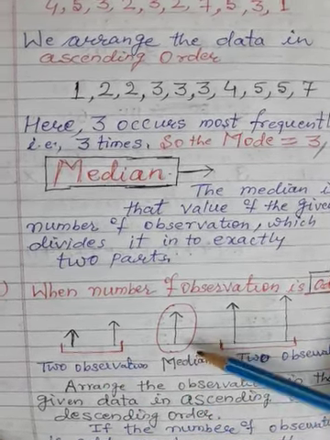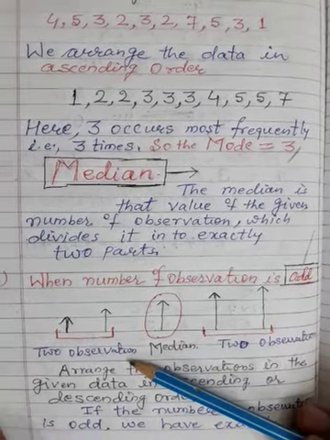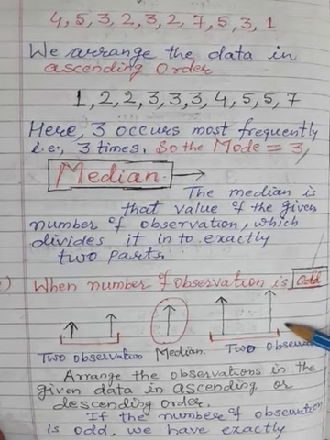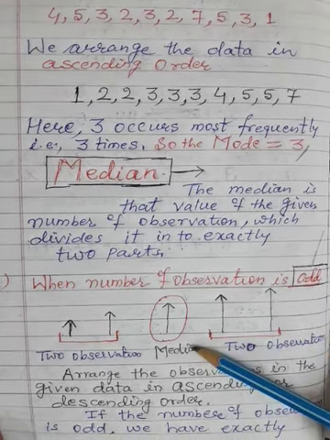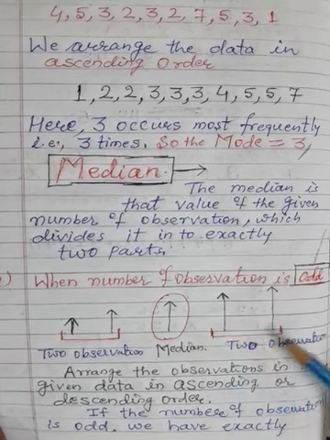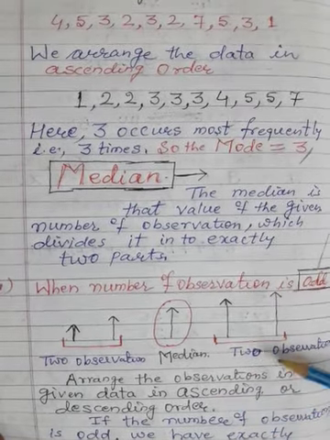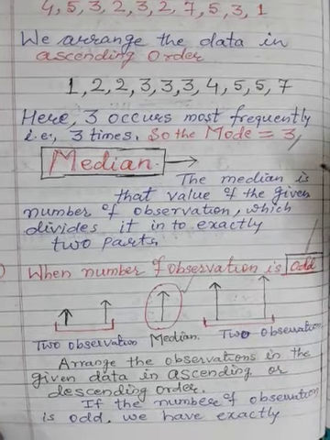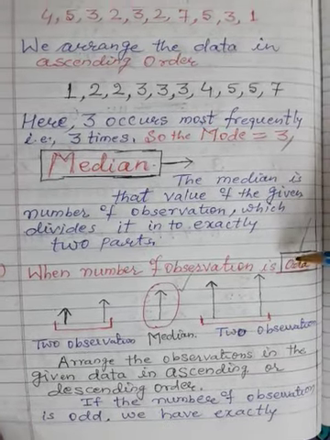So this is the middle part. 2 observations on the left, 2 observations on the right, and in the middle, this is the third observation. Either counting from right to left or left to right, this comes in the middle. So this is called the median of the data when the observation is odd.